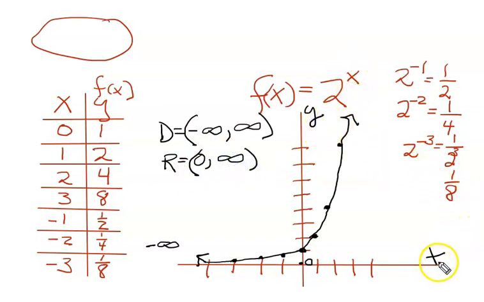Now, what do we call a line that something gets very close to but never reaches? Well, we call that, and this is the word I'd like you to write in your notes, an asymptote. And the asymptote of this graph happens to be the x-axis.